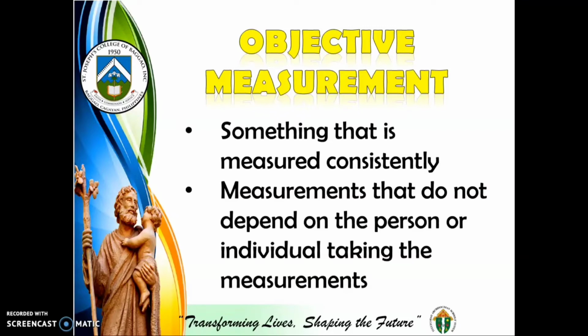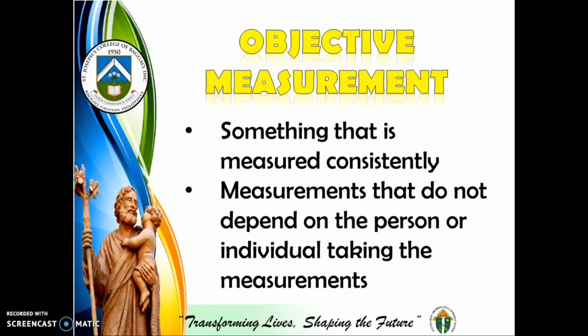One good example of this, class, is the multiple choice type, true or false, and short answer types of test in which there is only one correct answer in a certain item, regardless of the learner who answers the question, or regardless of the teacher, the professor, the instructor who checks the test.